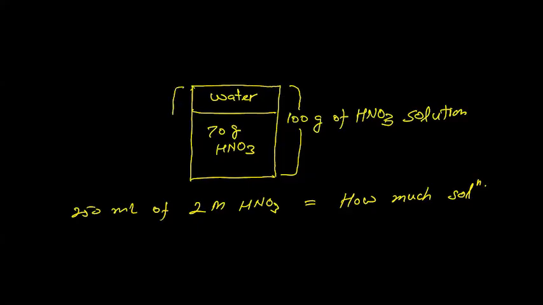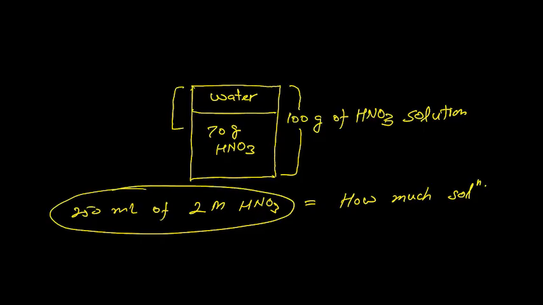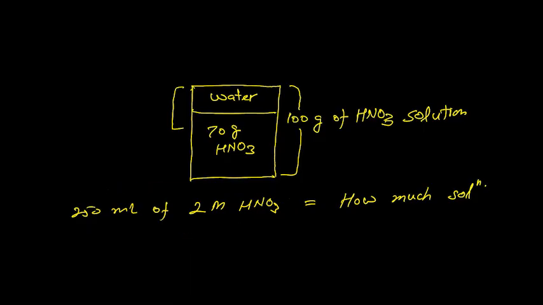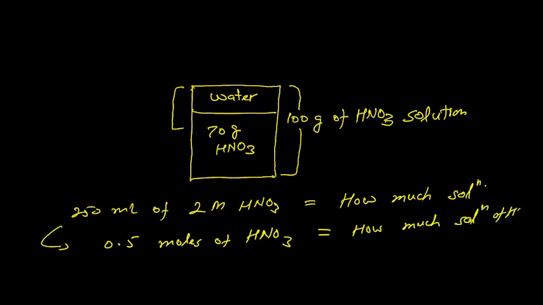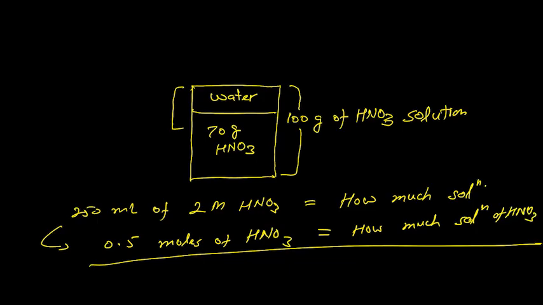Obviously, a portion of that will be required, equivalent to 250 ml of 2 M HNO3. So you need to convert it to moles, which will be 0.5 moles of HNO3. Present in how much solution of HNO3? Sir, now I understood, sir. Thank you, sir.